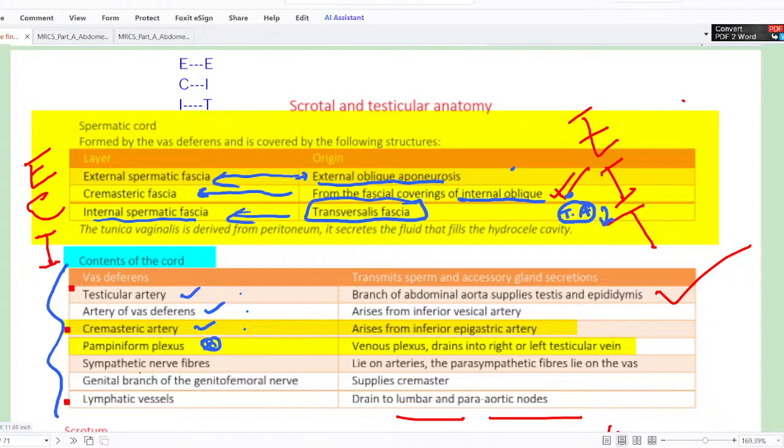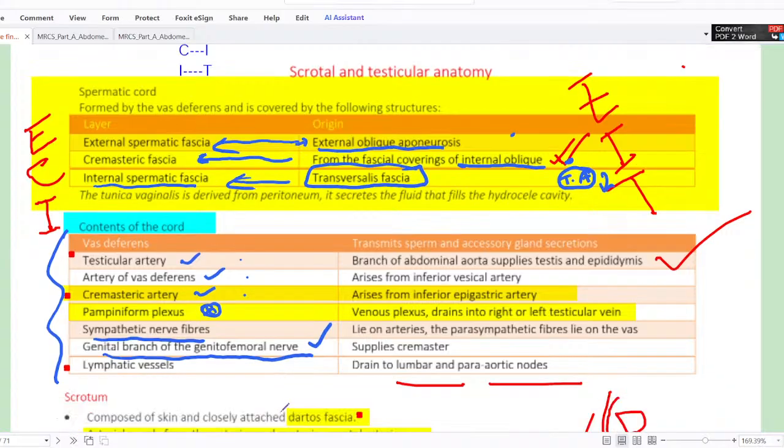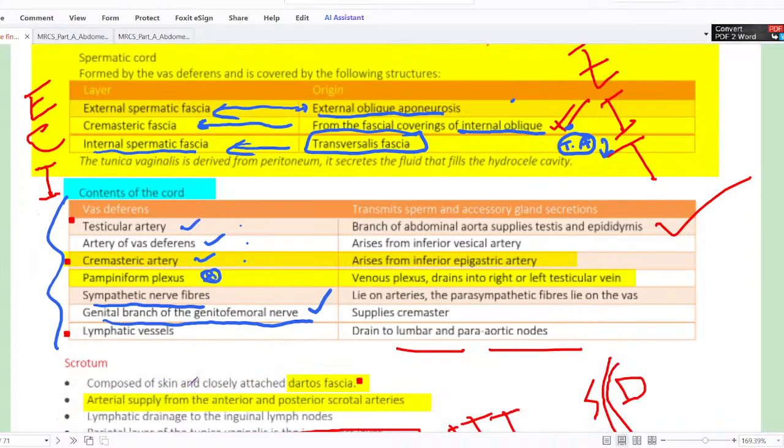Then we have nerves: sympathetic nerve fibers, then the genital branch of the genitofemoral nerve, and lymphatic vessels. So what are the contents? We have 3 arteries, 1 vein, then 2 nerves and lymph.